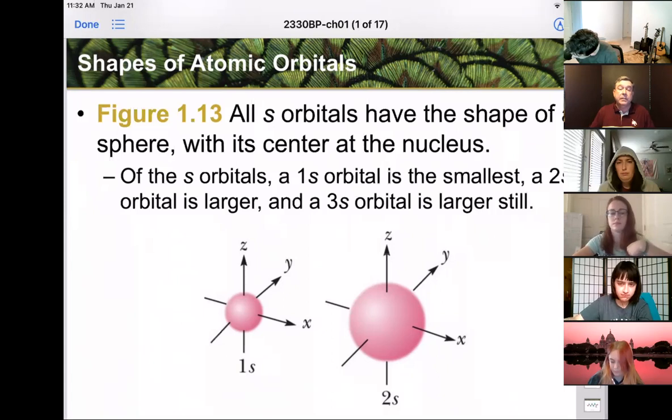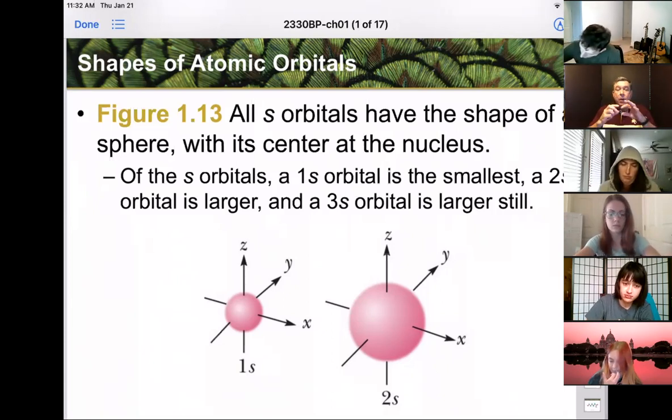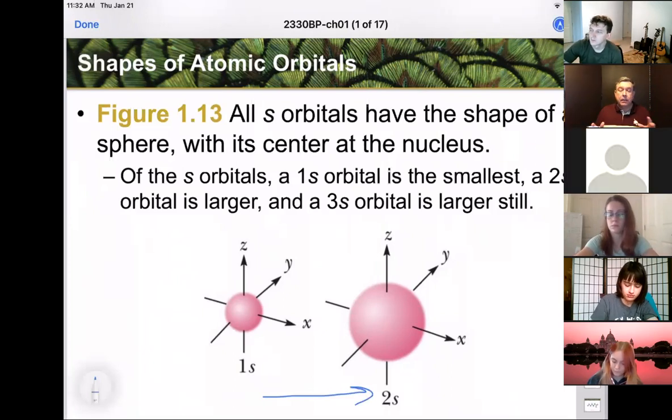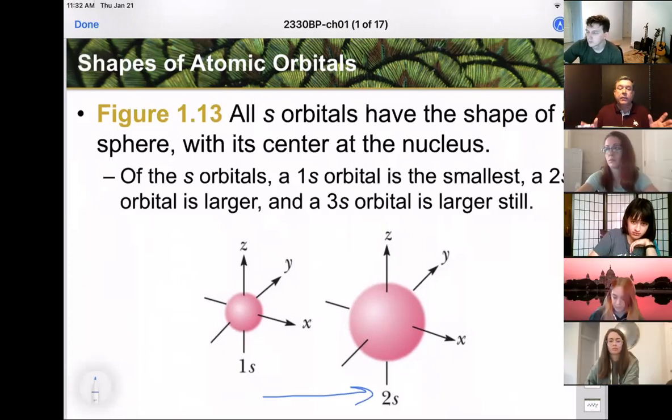The s orbital is the simplest orbital and has availability for 2 electrons in it. If we look at the 1s orbital, it's a small sphere, and the next principal energy level above it is the 2s. It completely encloses the energy level below it. So the 2s orbital completely covers the 1s orbital.